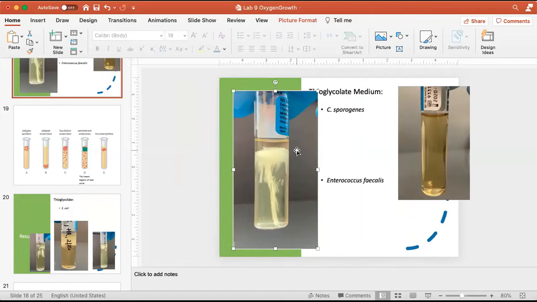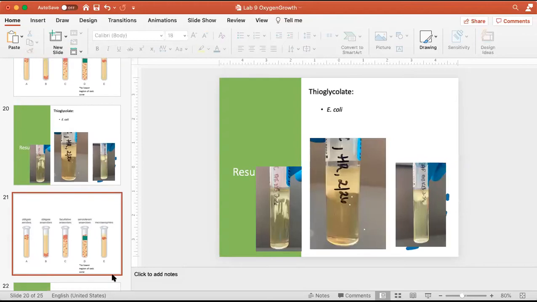Do you think it's a microaerophile, or do you think it's aerotolerant? I've got nice heavy growth in the bottom of the oxic zone, so lower concentrations of oxygen, and I've also got growth down through the rest of the tube. What do you think?